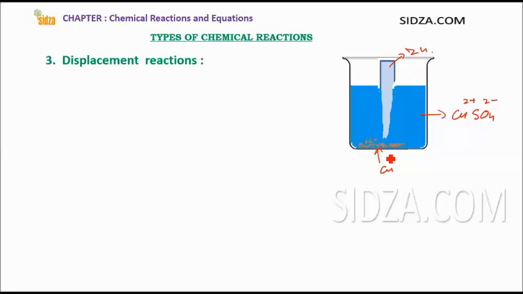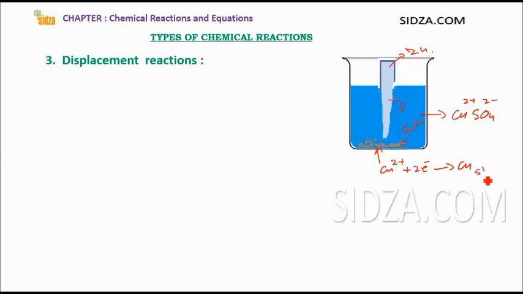Why? Because zinc displaces the copper from the solution. So actually you had the copper ions in the solution, and that copper ion precipitates out. It accepts 2 electrons and forms the solid copper. Copper 2 positive ion accepts the 2 electrons which are lost by the zinc and forms solid copper.